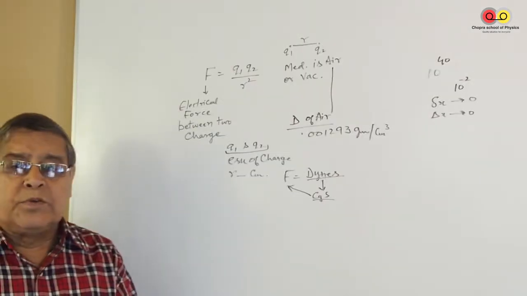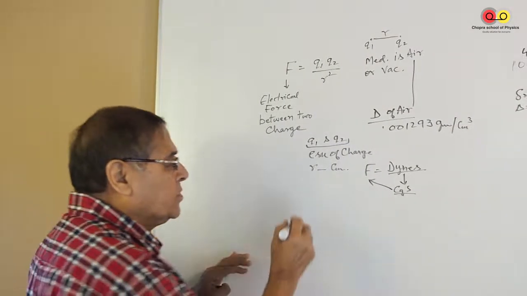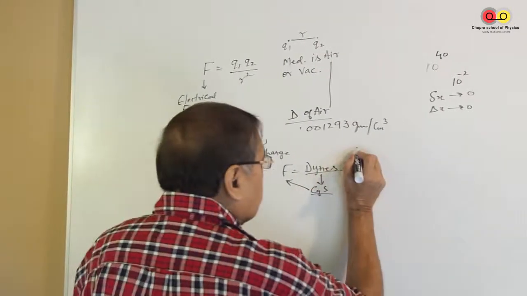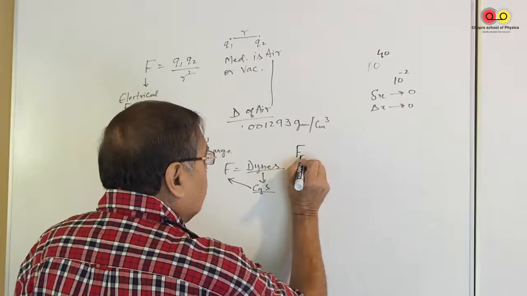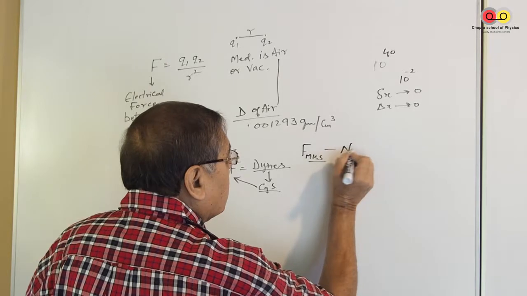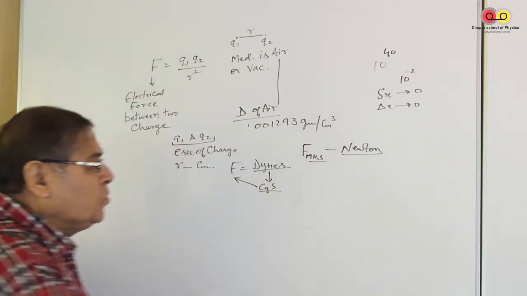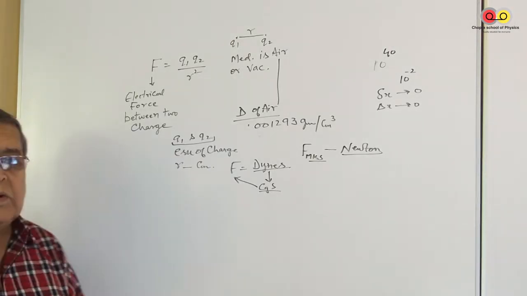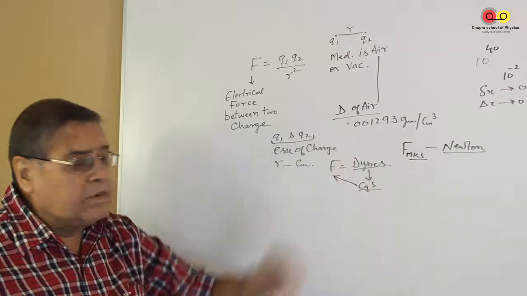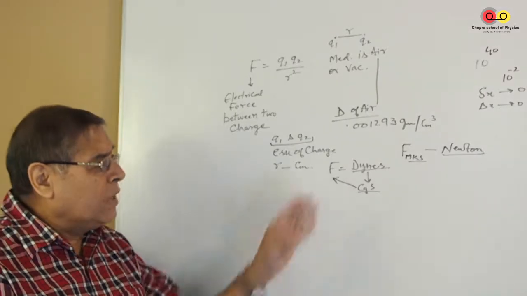What is the MKS unit of force? The MKS unit of force is the Newton. So in the lower classes, you have learned about these two units, dynes and newtons. But here now, we have to apply them.